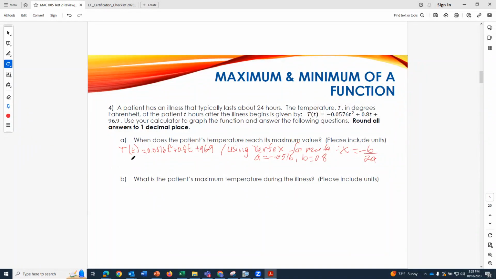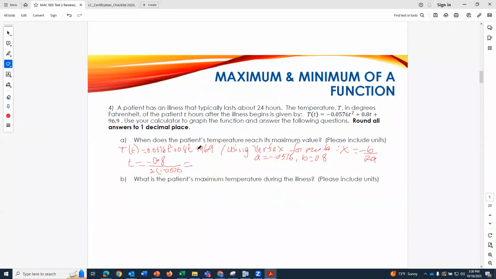And the t they ask for will be negative b. Since b is positive 0.8, negative b will be negative 0.8 divided by 2 times a, 2 times negative 0.0576.